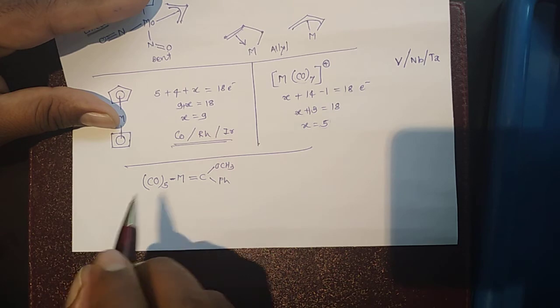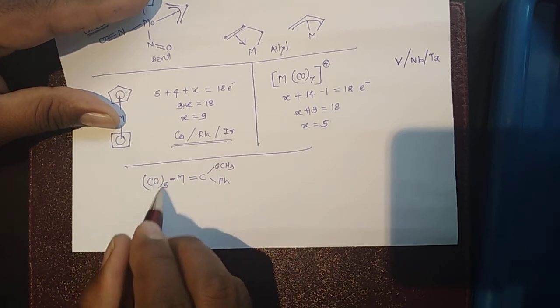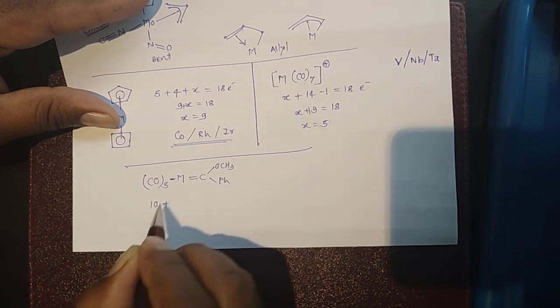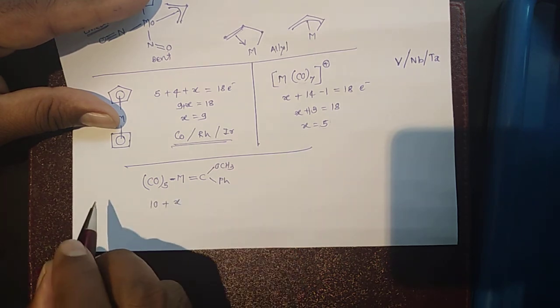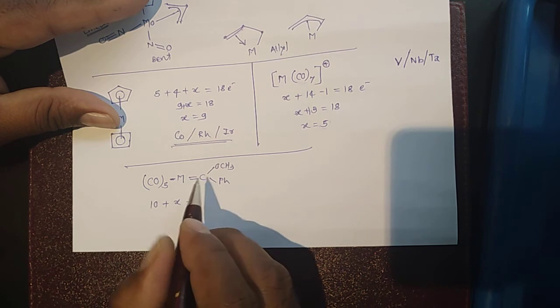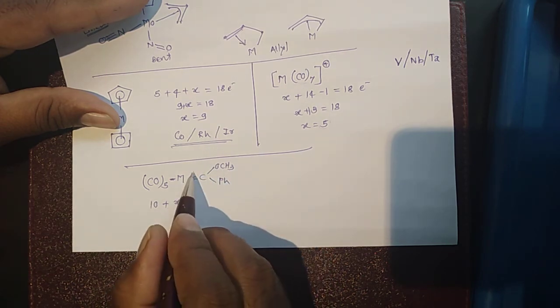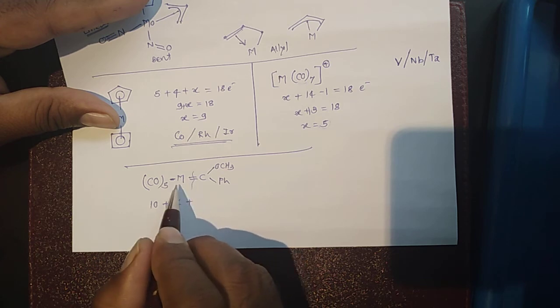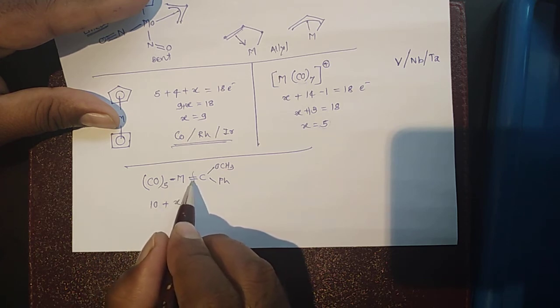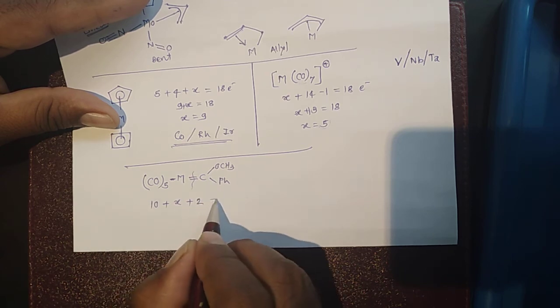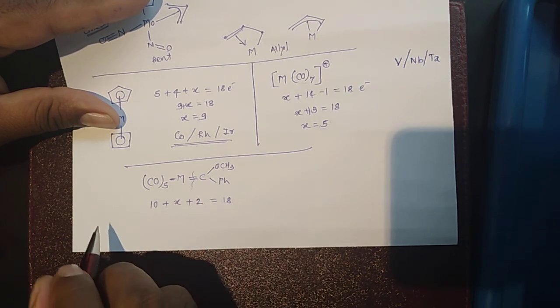So we will calculate: carbonyl 2 into 5 is 10, plus metal we don't know, so we write X, plus what about this ligand? This double bond itself indicates that it will provide 2 electrons to the metal, and total electrons are 18.